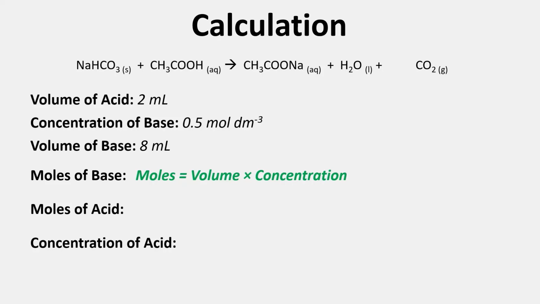Anyway, let's work through this. So moles equals volume times concentration, and we need to convert that volume into litres, or decimeters cubed. So the volume of base we needed was 8 millilitres, which remember there are 1,000 millilitres in a litre, so 8 millilitres is equal to 0.008 litres.